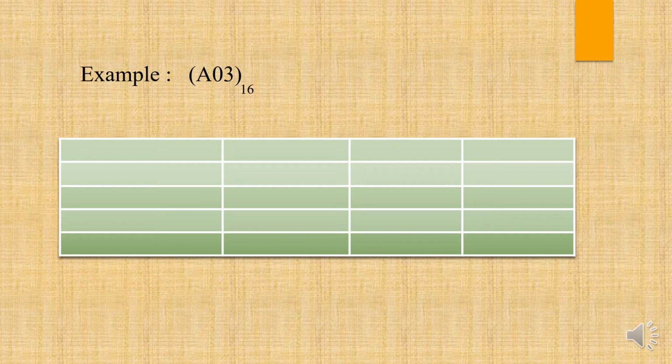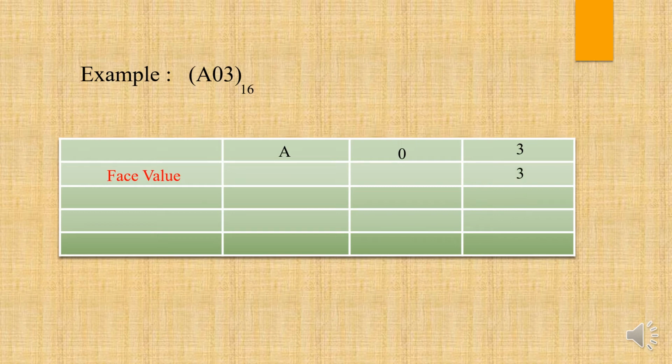So in the first row I will mention the individual digits of this number, right? So here the digits are A, 0 and 3, right? Now come to the face value. The face value is the value of the digit itself, or we can say the actual value of a digit is called its face value, right?